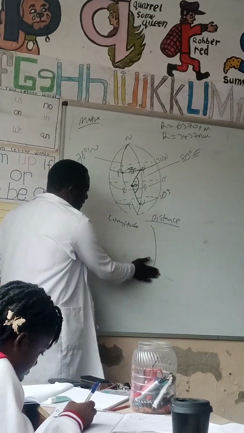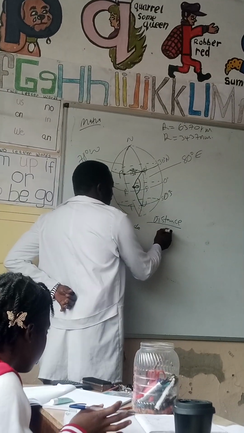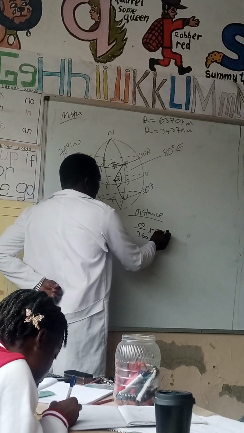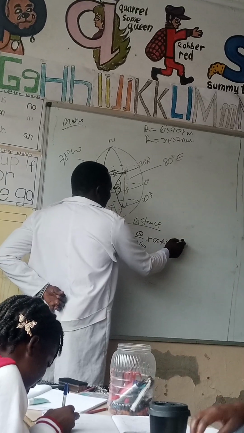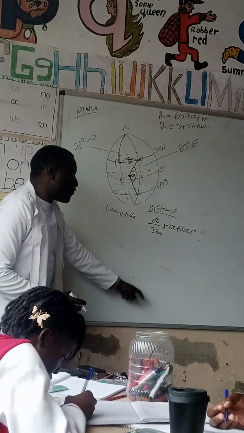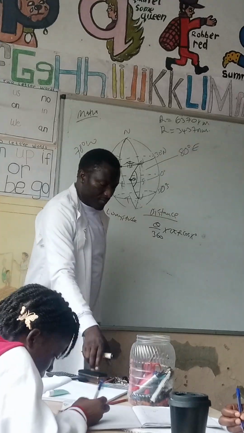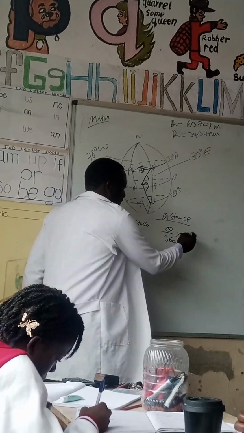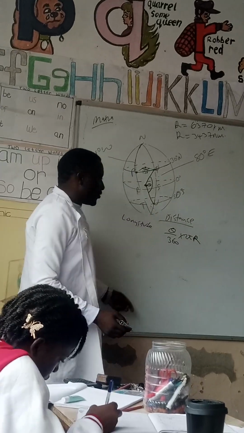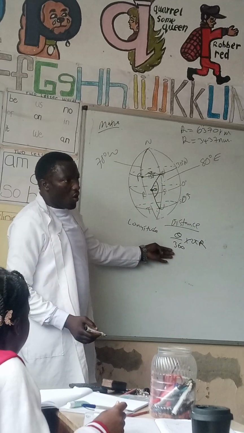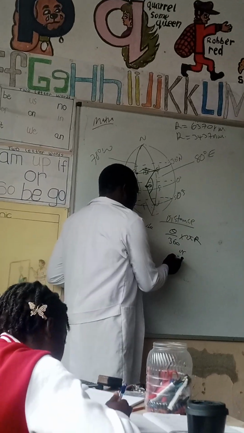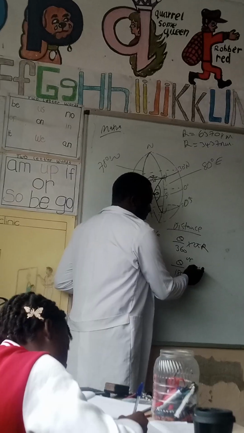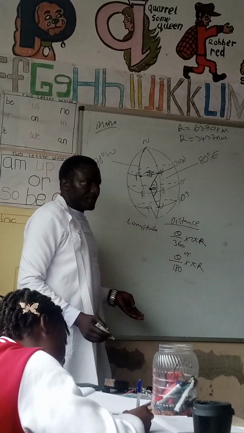The formula is theta over 360 times 2 pi r cos x, but we remove cos x. So we have the formula for longitude. You are free to use this one, or theta over 180 times pi r.